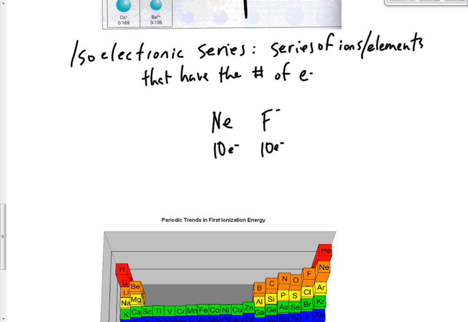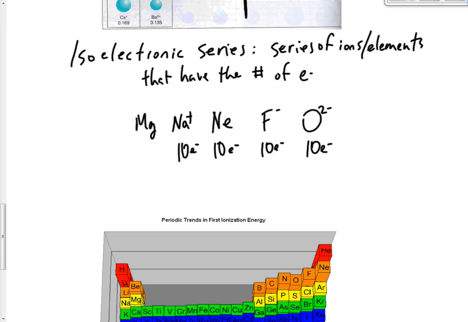You can go left again: oxygen in its neutral state has 8, but if we add 2 electrons and make it a negative, it also has 10 electrons. You can also go the other way with it. Sodium has 11, but if you take the 1 away and make it a positive charge, it now has 10 electrons.